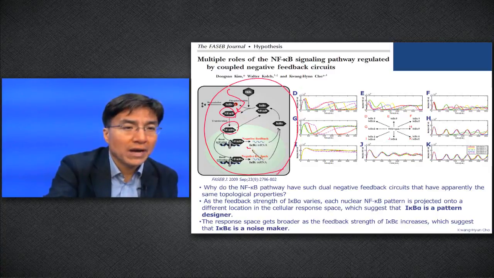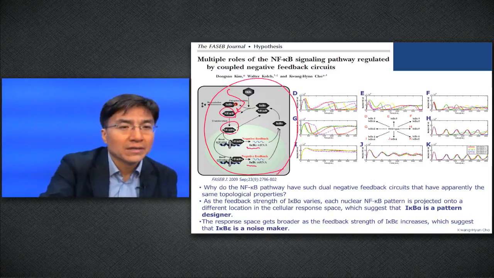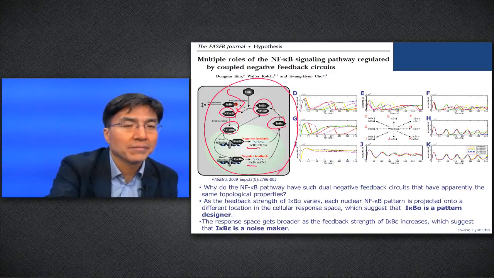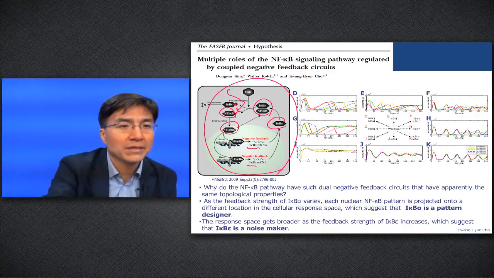Two of them are I-kappa B alpha and I-kappa B epsilon. They are very similar isoforms, and they produce I-kappa Bs, and this I-kappa B again binds to NF-kappa B, so it inhibits its translocation into the nucleus. So it forms a negative feedback.